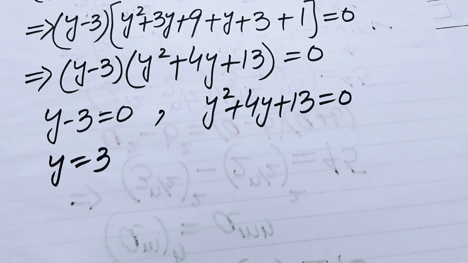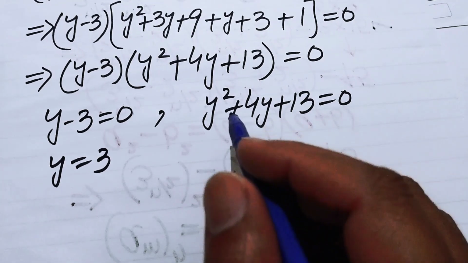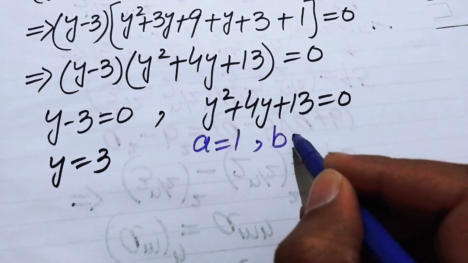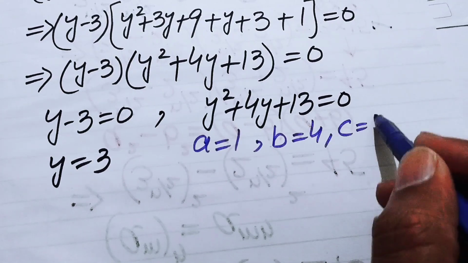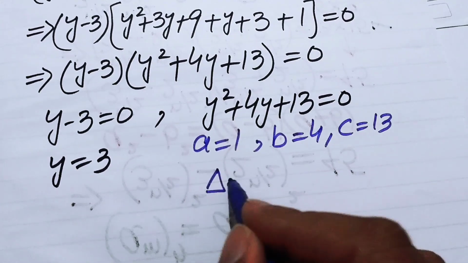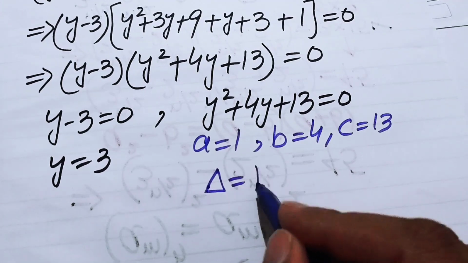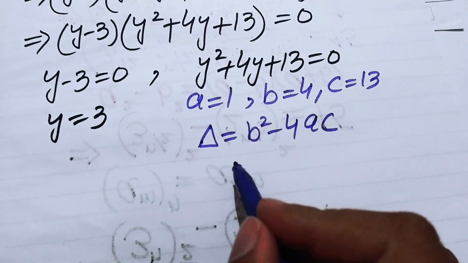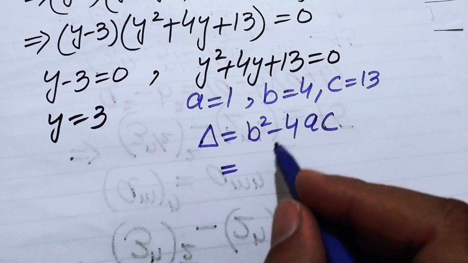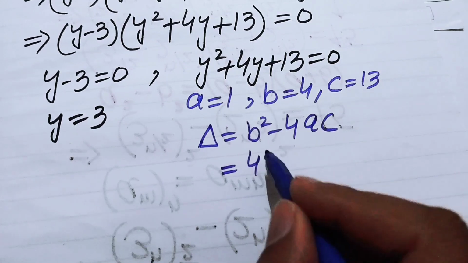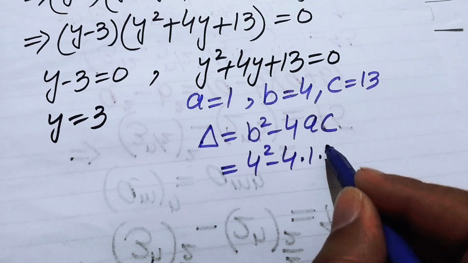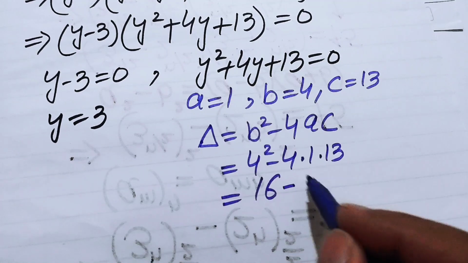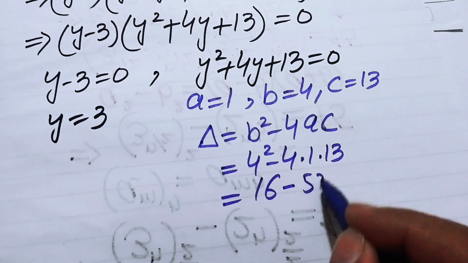According to the discriminant, first I can write the coefficients of the terms, and we have a equals to 1, b equals to 4, and c equals to 13, and our discriminant formula will be delta equals to b squared minus 4 times ac. Now we put the values of a, b and c here, and you obtain 4 squared minus 4 times 1 times 13, and you have 4 squared is 16 minus 52, since 13 fours are 52.